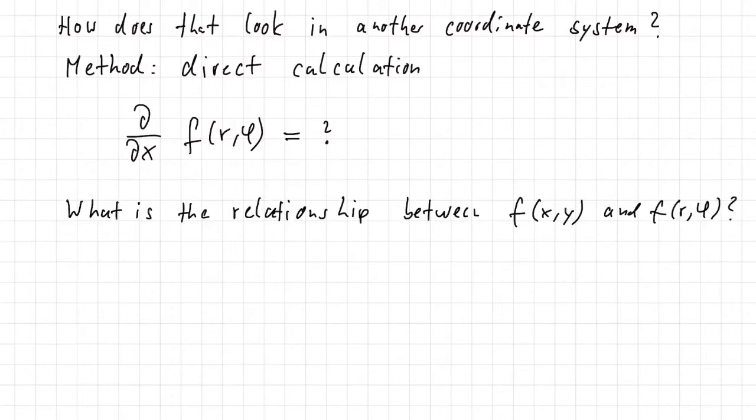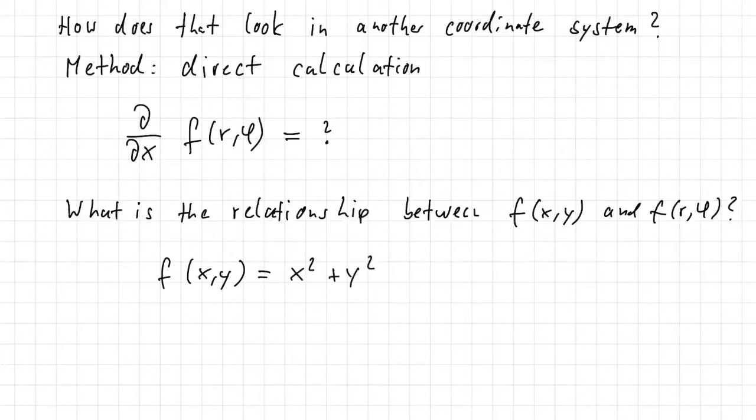Although I write f of x and y and f of r and phi with the same symbol, simply f, these are actually two different functions. You can easily imagine, let's say you have a function f of x, y equals x squared plus y squared.